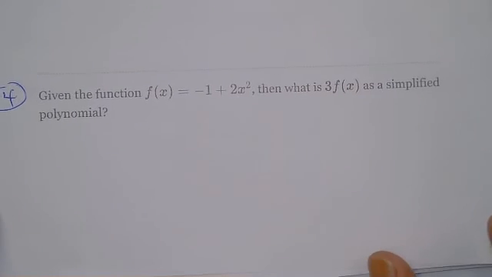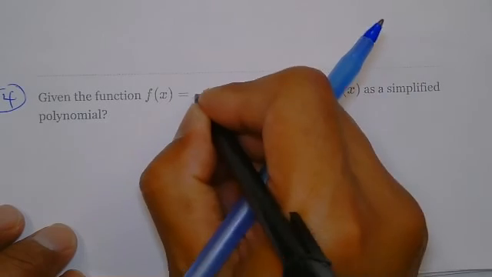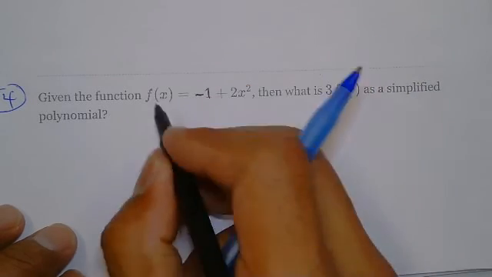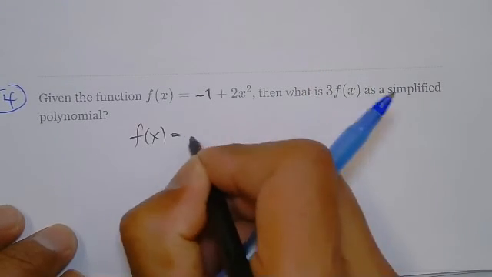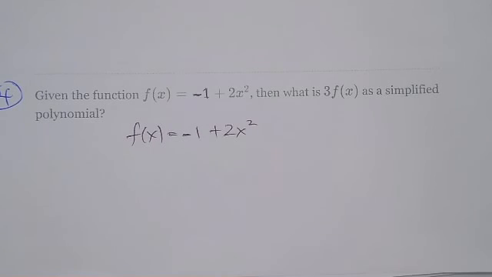Okay, how about this one? Number 4. Given this function, f of x is equal to negative 1, just copy the function. f of x is equal to negative 1 plus 2x squared.